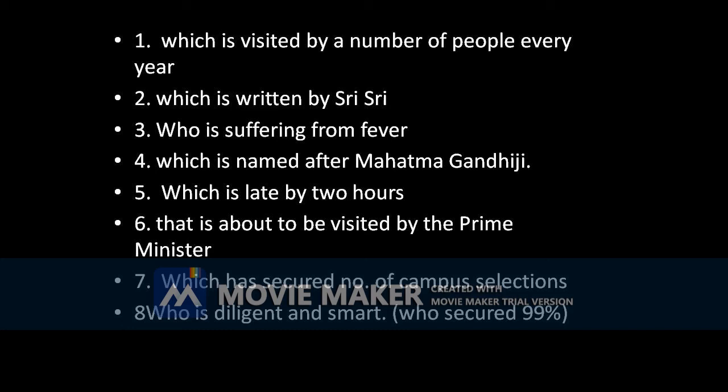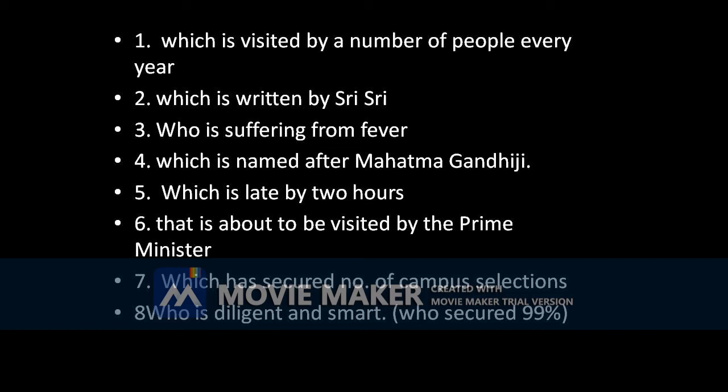See the next one. My sister dash has secured a job as an engineer in BHEL. I can use either that she is a very smart girl, or the sentence that she secured more than 99% marks. So let us see. My sister who secured. Why did I use who? Because I'm talking about a living thing, a person, and I used who immediately after my sister.